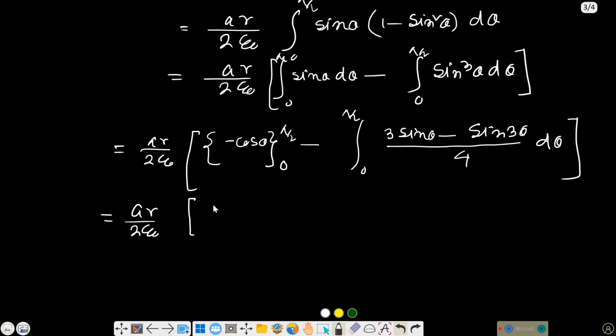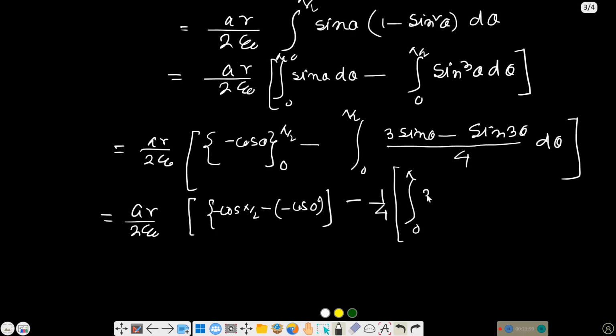This will be minus 1 by 4 integration 0 to pi by 2 of 3 sin theta d theta minus integration of sin 3 theta d theta, again from 0 to pi by 2.